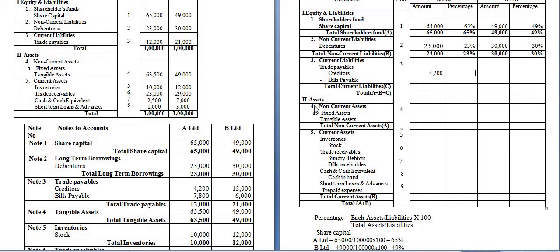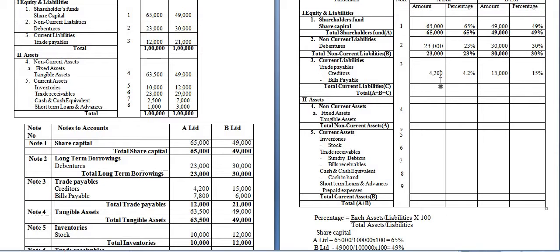Next one, B Limited is 15,000. Okay, right. In the amount column 15,000, and the percentage is 15,000 divided by 1 lakh into 100, which is equal to 15%.